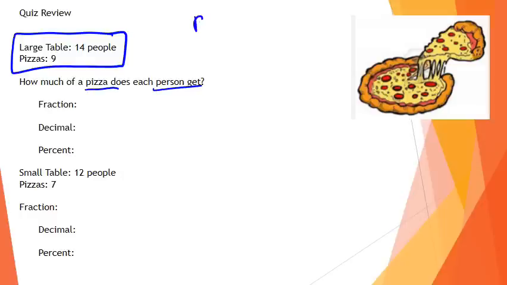So if I want to know how much pizza per person, I'm going to be setting up this type of fraction where I put pizzas on top and I divide it by the number of people. So that means a fraction of 9 over 14, because again, I'm dividing pizzas by people. It doesn't really work to divide people by pizzas.